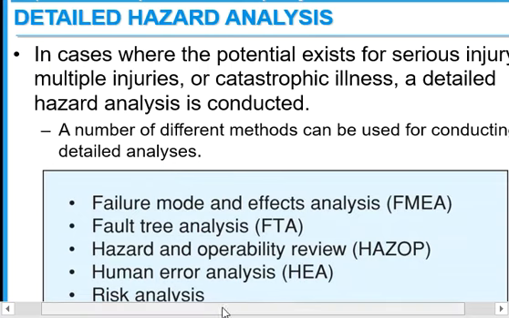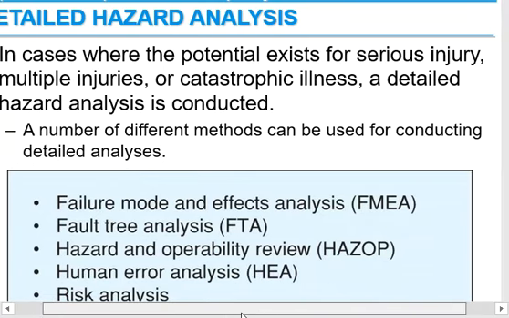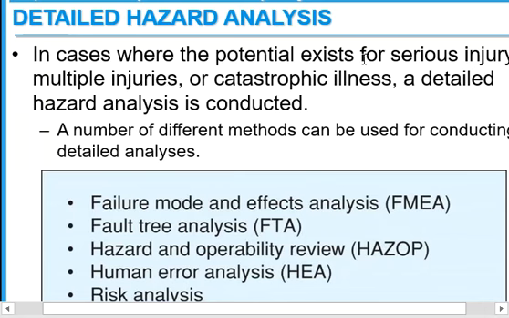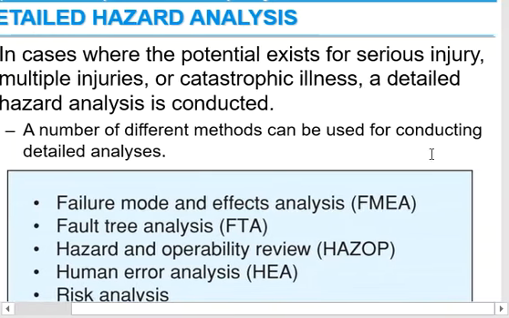Based on what we said before, in cases where the potential exists for serious injuries, or not serious but multiple injuries, not minor ones where it's very frequent that someone hurts himself, or we have a catastrophe, like the COVID-19 outbreak, then I have to apply a detailed hazard analysis.